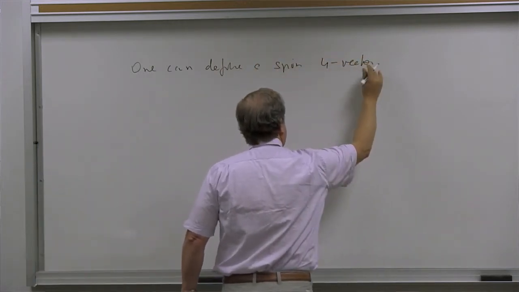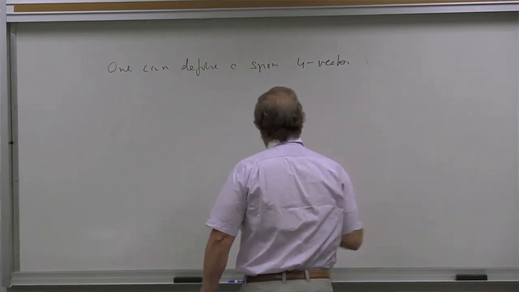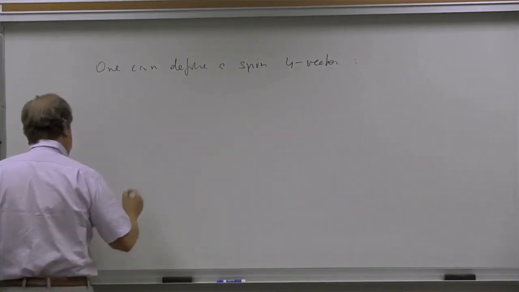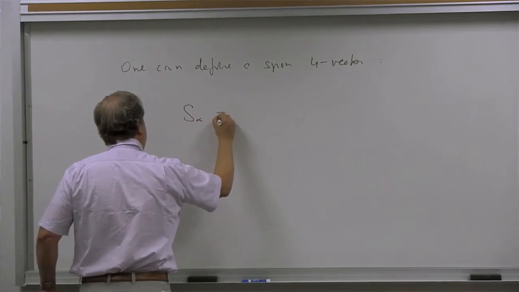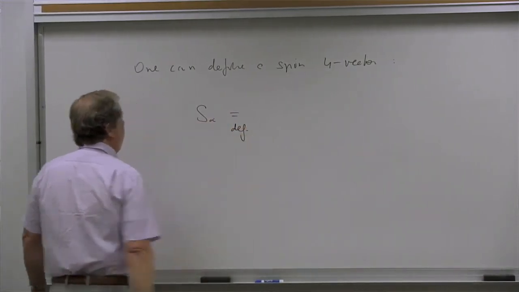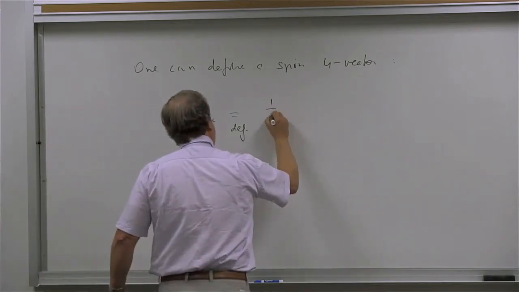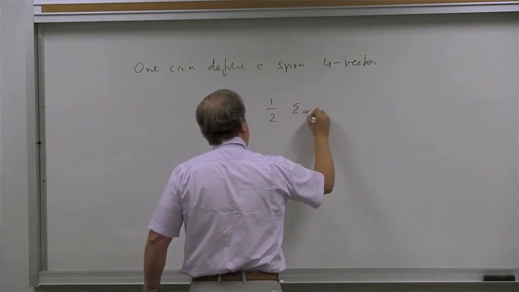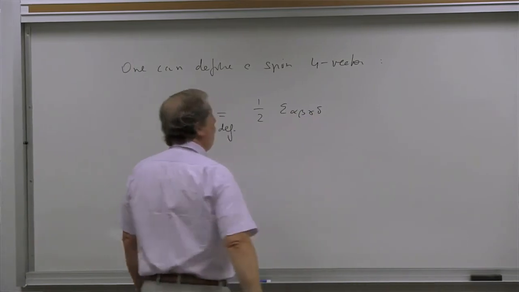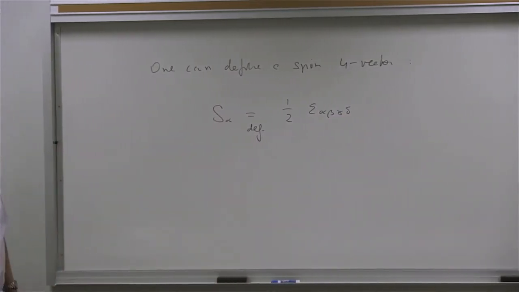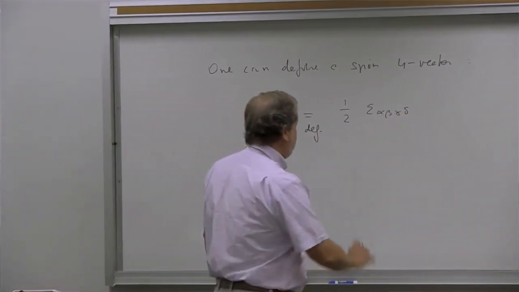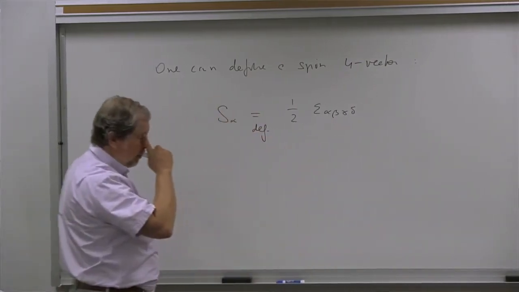One can define a spin 4 vector, and it is defined by calling it S alpha. S alpha uses the following combination: 1/2 epsilon alpha beta gamma delta. So there has to be an epsilon symbol, this Levi-Civita density in 4 dimensions.